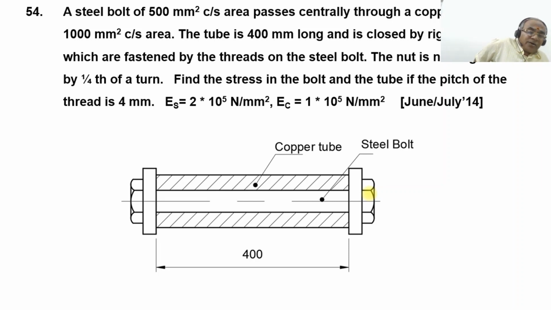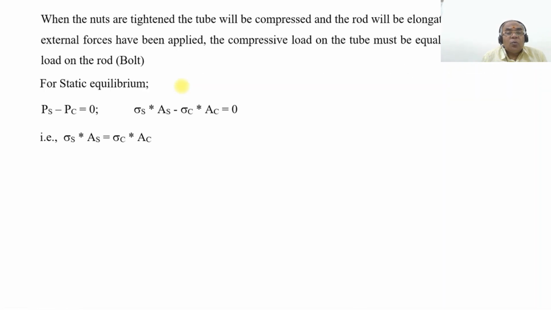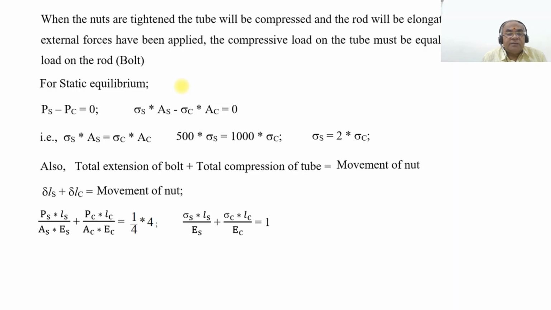For one rotation, you move by 4 mm; you are converting rotational motion into translatory or linear motion. Since the nut is tightened by 1/4 of a turn, that is a quarter turn, 1/4 into 4 equals 1 mm. So that is going to be the movement of the nut.